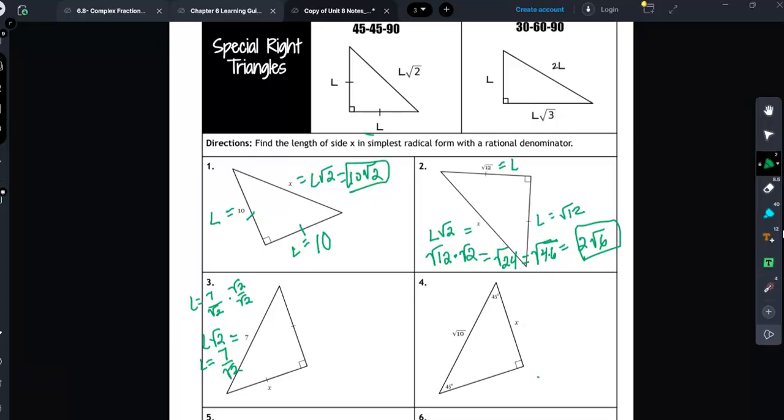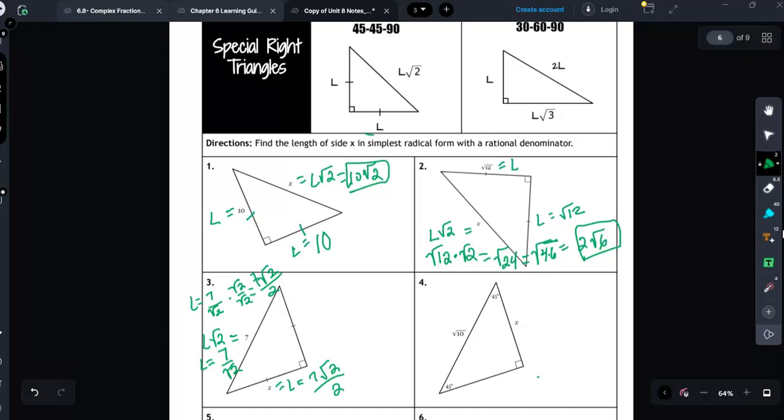This is like multiplying by 1, but you're multiplying this by the square root of 2 over the square root of 2. You get 7 square roots of 2 over 2. That's your final answer for L. So now that we know L, x is equal to L, which is equal to 7 square roots of 2 over 2.